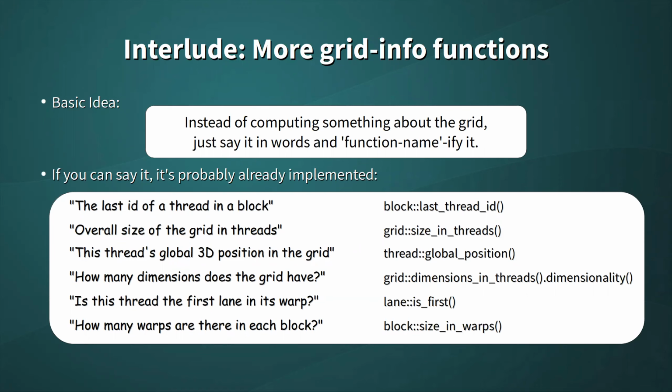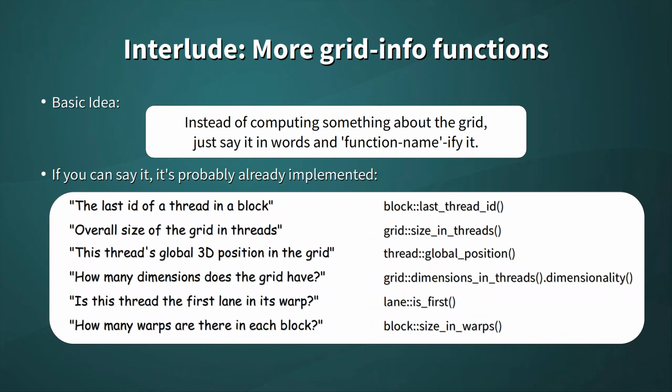And even what's the dimensionality of the grid, or how many dimensions does it have? Is it a 1-dimensional, a 2-dimensional, a 3-dimensional grid? Then I can get the dimensions as a structure with dimensions and threads. And then there's a method named dimensionality, which will give you the number of dimensions that have a value of more than 1.